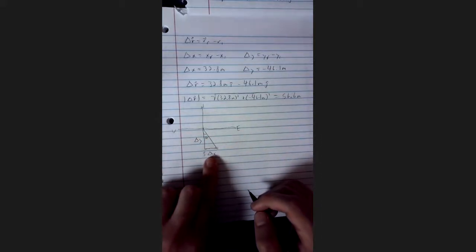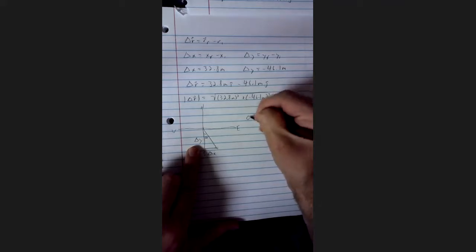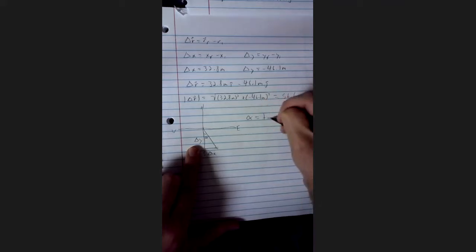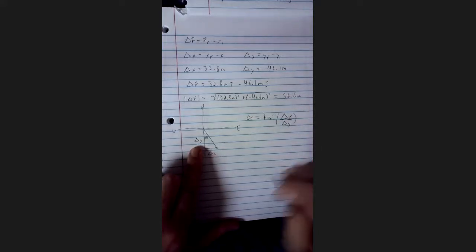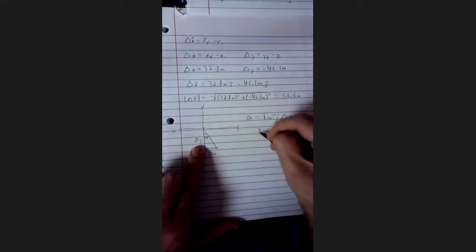So we can look at this triangle here then, and our delta x is the opposite part and our delta y is the adjacent part. So our alpha then is the arctan of the opposite, the delta x, over the delta y, the adjacent part. If we plug in our actual numbers here, our delta x is 32.8 meters and our delta y is negative 46.1. But inside the arctan, always leave everything positive.